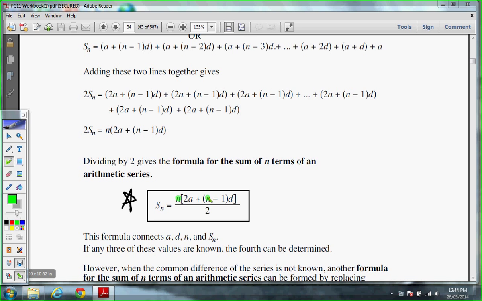I have N, A, D, and S sub N. Those are my 4 pieces of information. If you have 3 of the 4, use this formula.